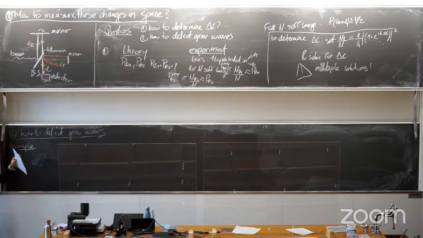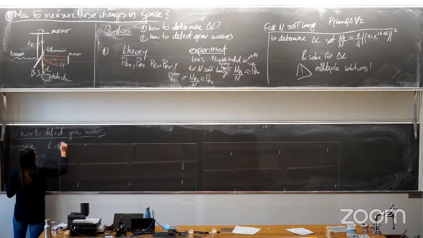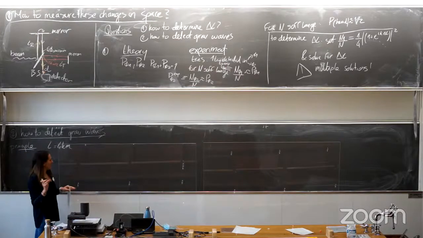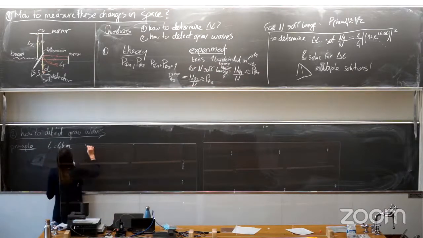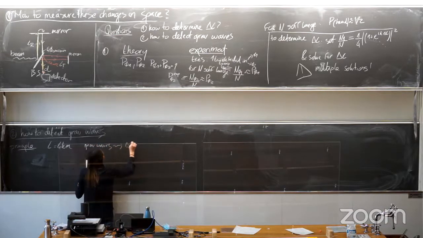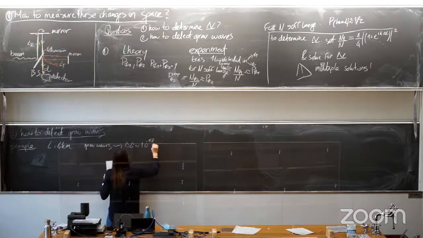If two huge stars collide some light years apart from the Earth, then for L equal to 4 kilometers, so imagine something 4 kilometers long, the expected size of the gravitational waves induces a change of length of the order of 10 to the minus 18 meters.